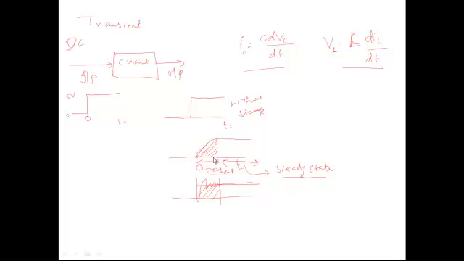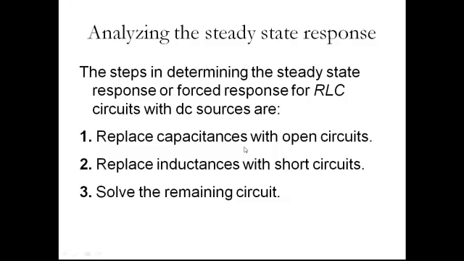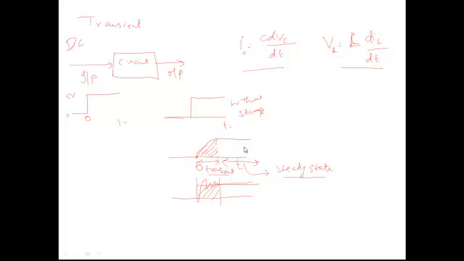Number one is transient, another one is steady state. Now, you need to understand that you are going to analyze the steady state response. That is, you are going to check only at this point how the circuit behaves, and how to analyze the given circuit at this point.